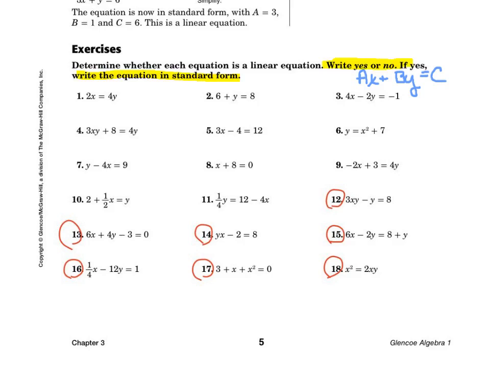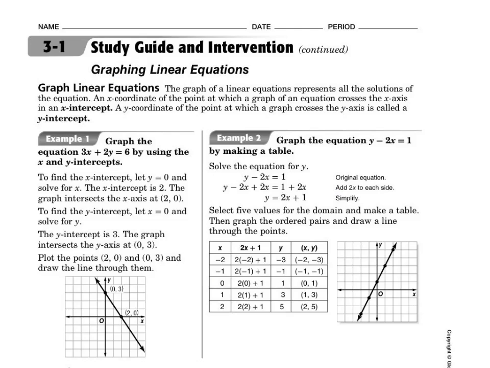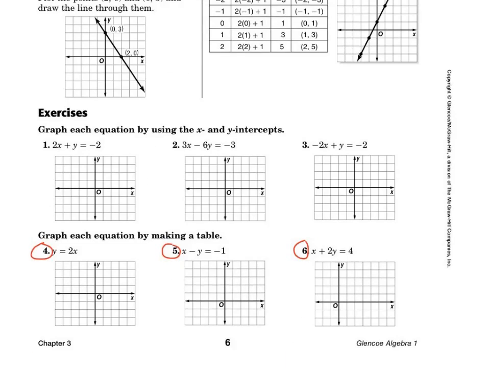I want you to work on 12 through 18. And then you're going to graph each equation by making a table. You're going to work on 4, 5, and 6, making a table of values. You'll have to work on graph paper for 4, 5, and 6. And we'll go over these tomorrow.